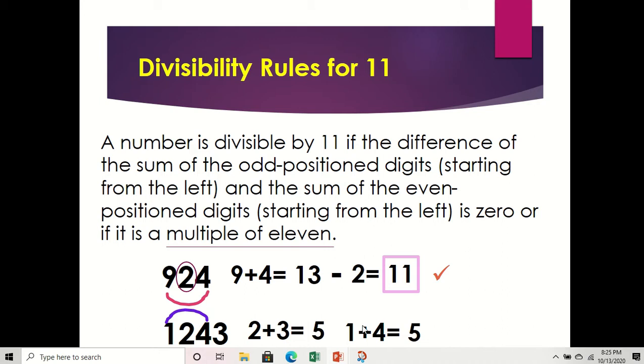We're going to subtract 5 minus 5. The answer is 0. Sabi dito, if the difference is 0, it means this is divisible by 11. 1,243 is divisible by 11.